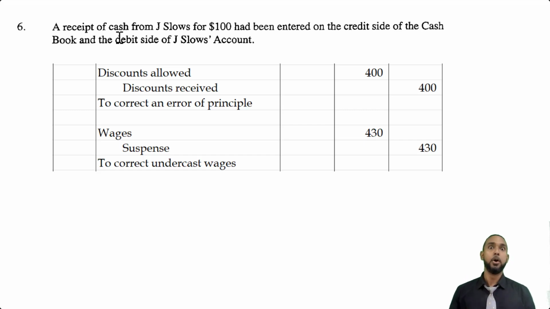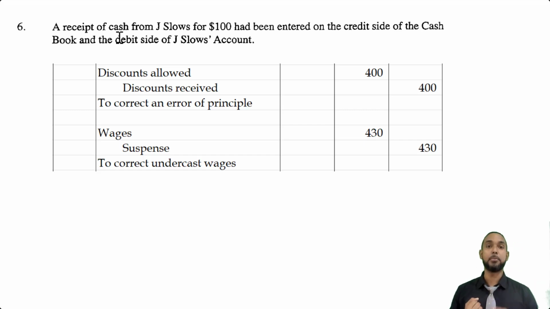So to fix that, we should debit cash and credit Slows. Now, we also credited cash, though it should not have been credited, and we debited Slows, but Slows should not have been debited. So we have a credit where it shouldn't be put and a debit where it shouldn't be put. So we have to remove both of those. To remove the credit in the cash book, you're going to debit the cash book, which means we have two debits to put in the cash book.